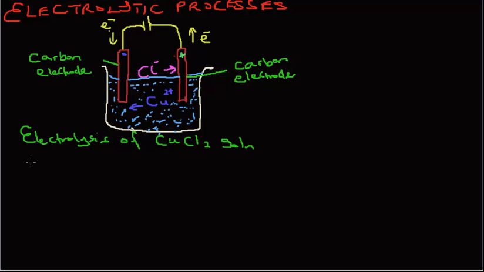These types of cells actually convert electrical energy into chemical energy, which is the opposite of our galvanic cells, which convert chemical energy into electrical energy.